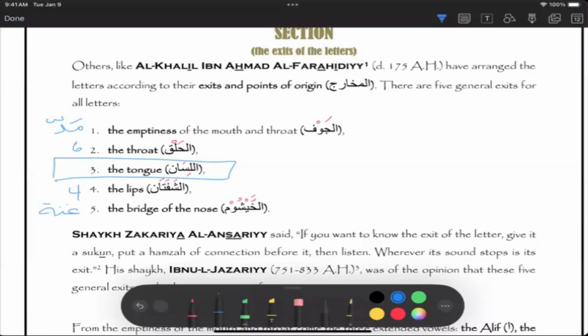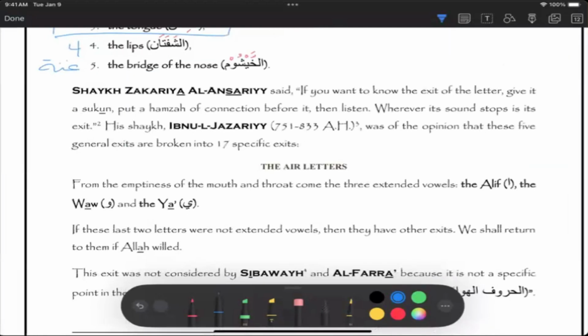Sheikh Zakaria al-Ansari said, if you want to know the exit of the letter, give it a sukoon, put a hamza of connection before it, and then listen. Wherever its sound stops is its exit. So you say, for example, ab, ab, ab. That's ba, which comes from the lips.